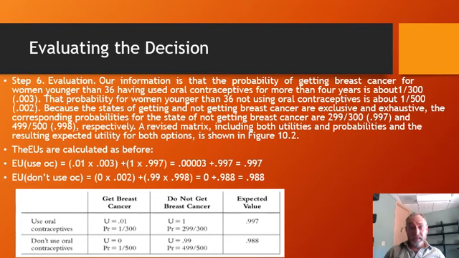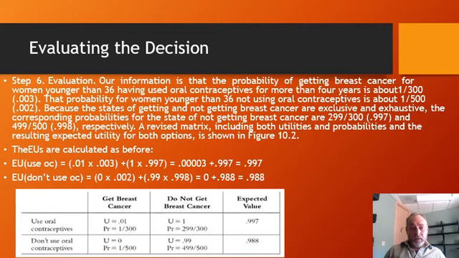The probability if you don't use oral contraceptives is 1 in 500 or 0.002. Because the states of getting and not getting breast cancer are exclusive and exhaustive, the corresponding probabilities of not getting breast cancer are 299 out of 300, 0.997, and 499 out of 500, 0.998.